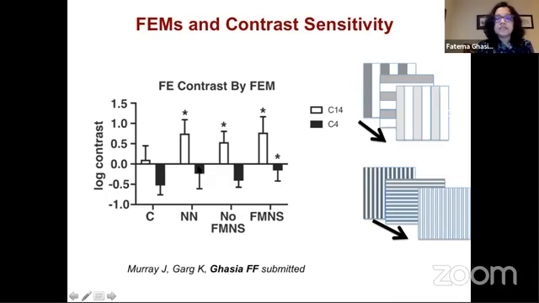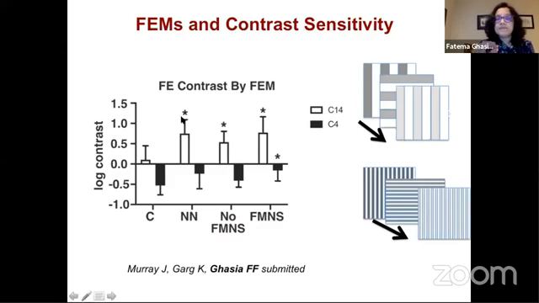The black bars are the low spatial frequency, and the white bars are the high spatial frequency. So in controls, the low spatial frequency thresholds were better compared to the high spatial frequency, as you'd expect, because it's a more difficult task.